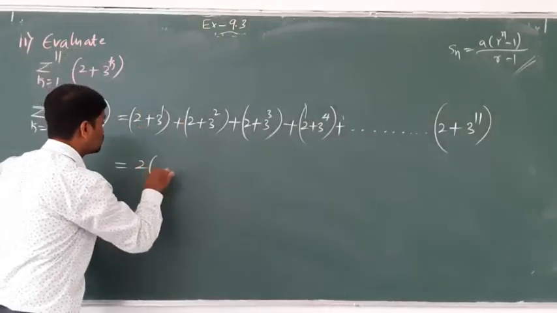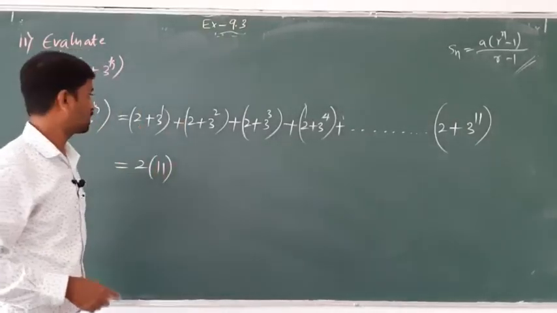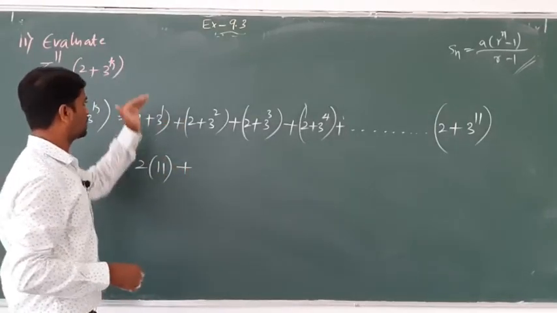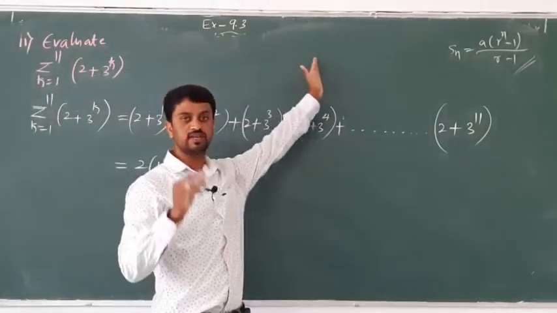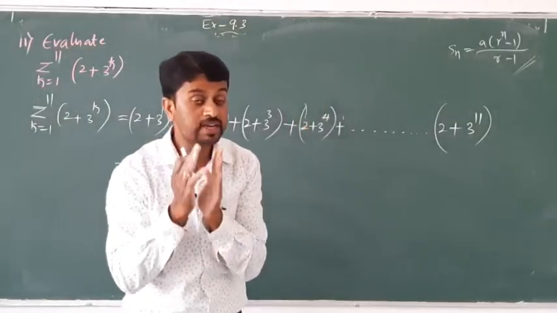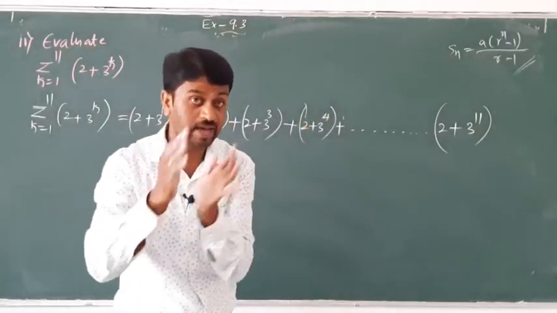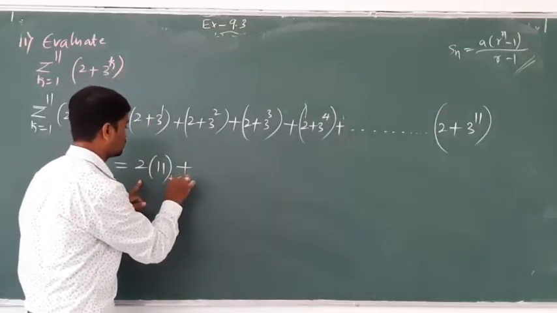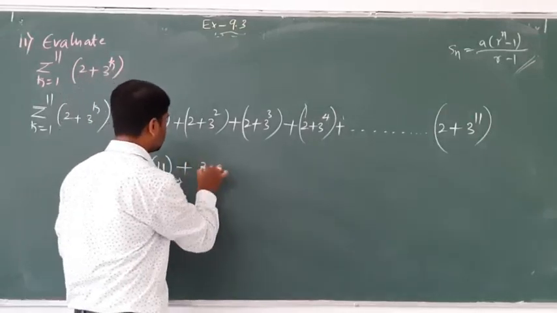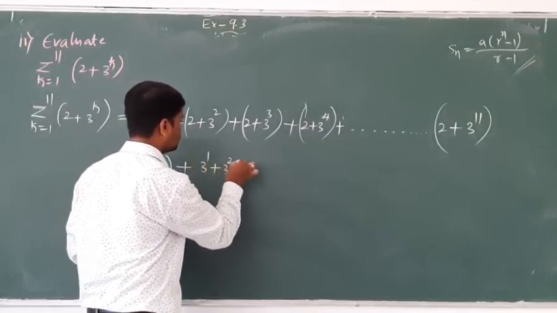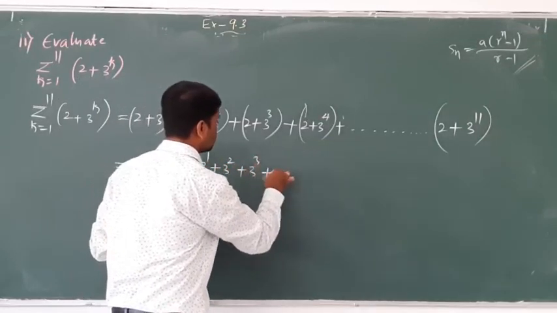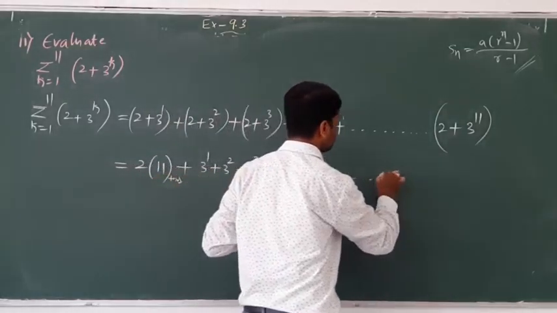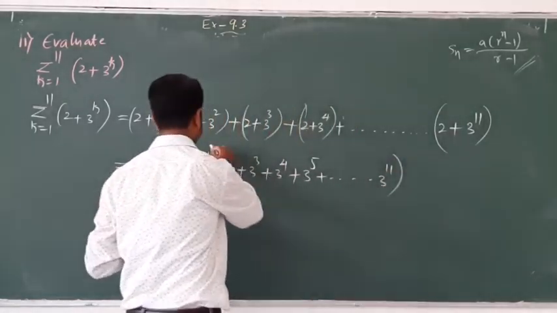Therefore 2 into 11. Since 2 is common, write it separately: 2 plus 2 plus 2 and so on, 11 times, so 2 into 11. Be careful, 11 terms. Plus what is the remaining? 3 power of 1, 3 square, 3 cube, plus 3 power of 4, plus 3 power of 5, and so on up to 3 power of 11.